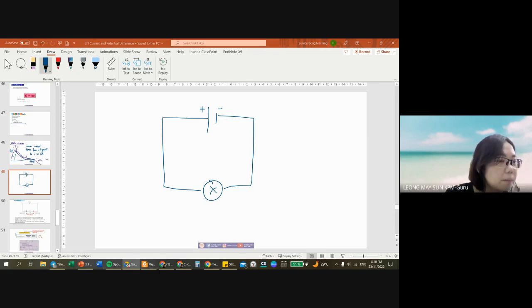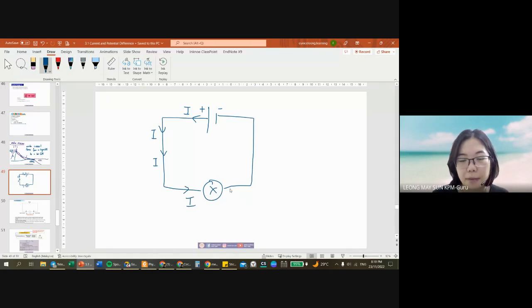Current flows from negative to positive? Current you all learned negative to positive. Yes, current will flow from positive to negative. Current will come out from positive, flowing through the circuit, passing through the light bulb, causing the light bulb to light up, and then back to the negative terminal. So this is the direction of current flowing.